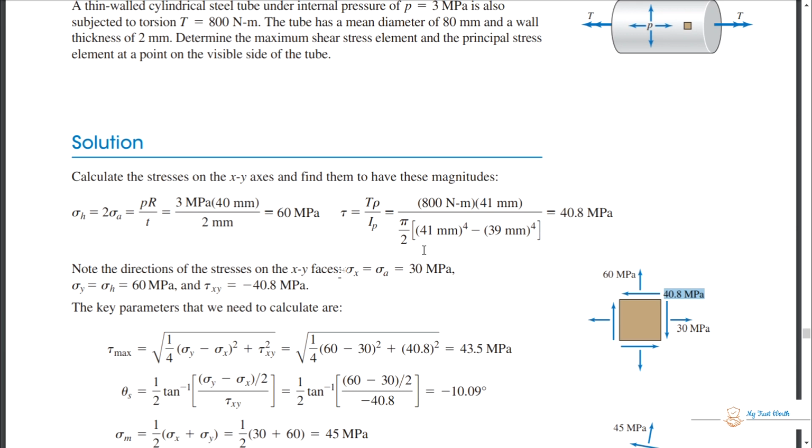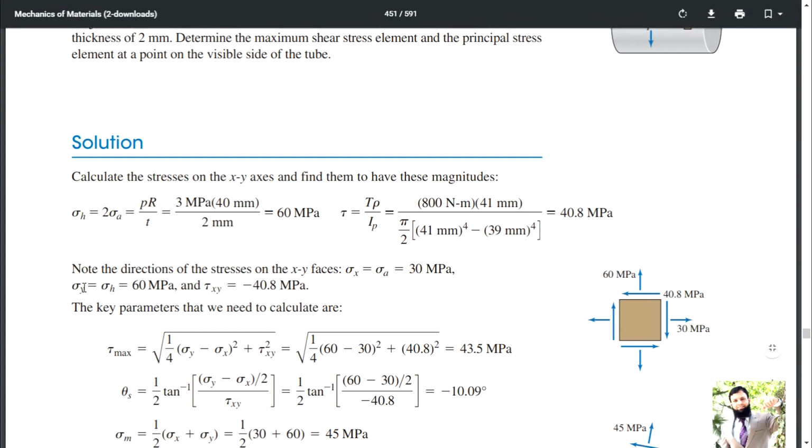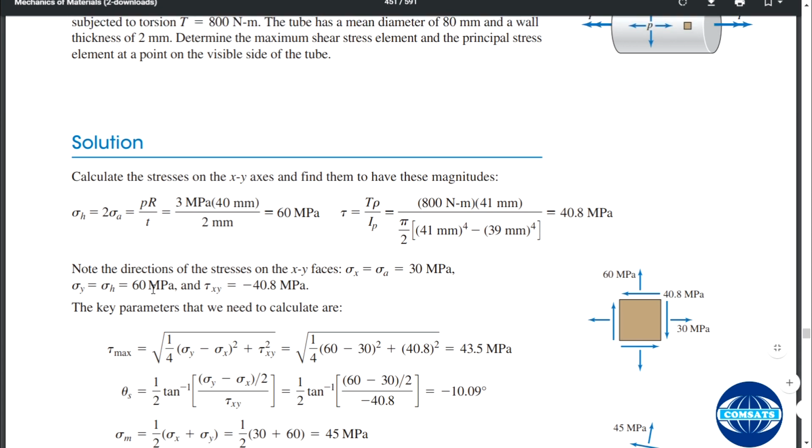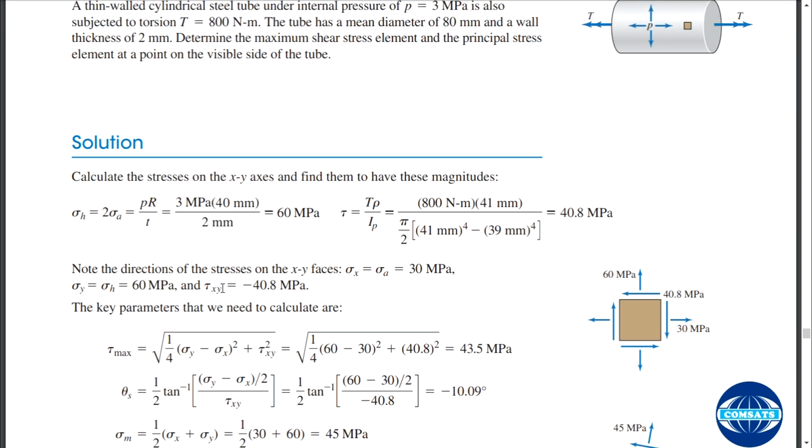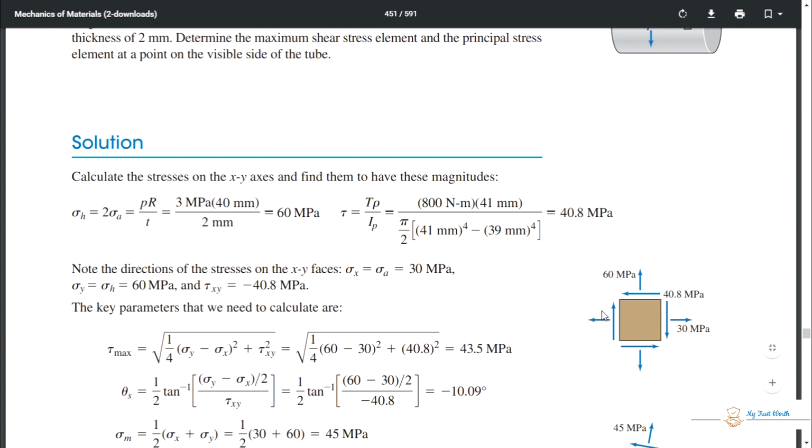Axial stresses will be how much? Half of this one. So axial stresses are 30 megapascal, and both are in tension. So stress hoop and Y are 60 megapascal, and shear is minus 40, and they have shown minus 40.